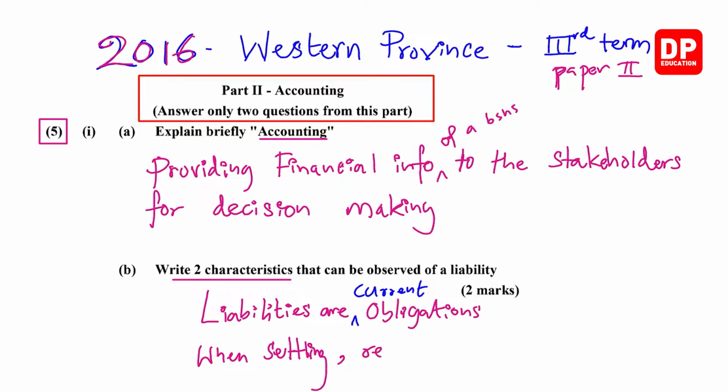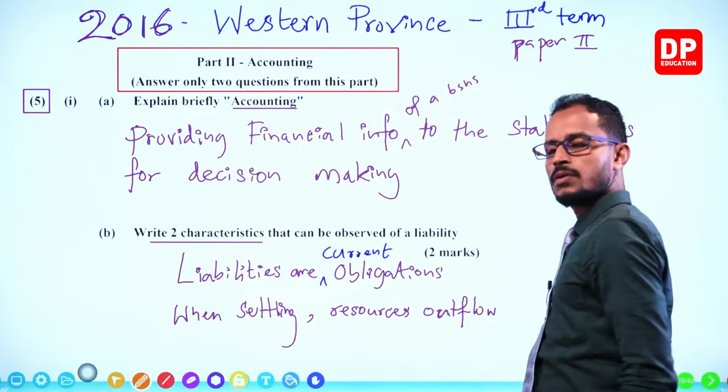Resources like cash. A resource outflow. A resource outflow. Is it clear to you?